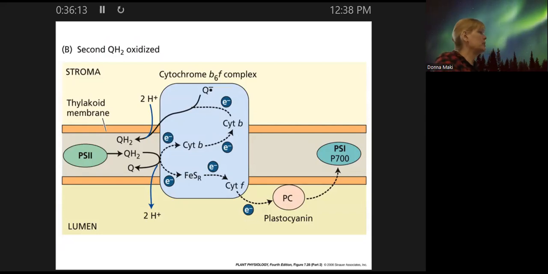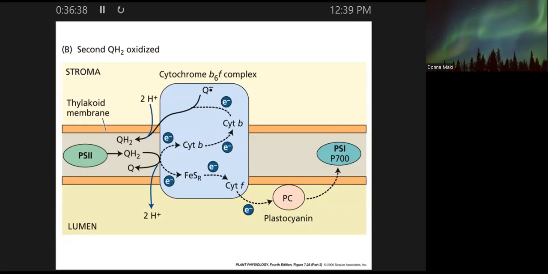So both photosystems need to get hit with light energy for this process to keep cooking along.